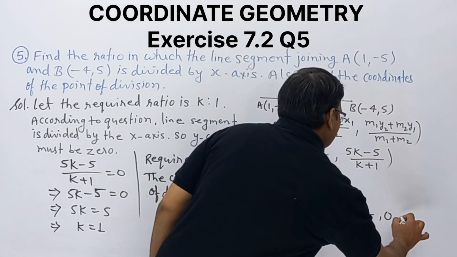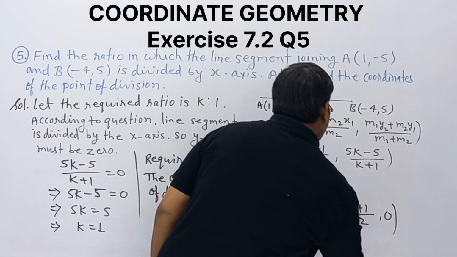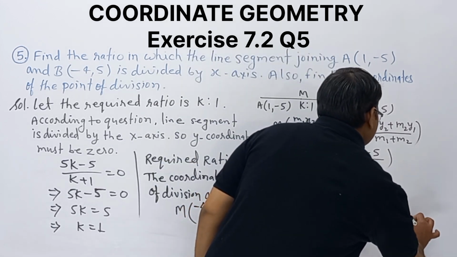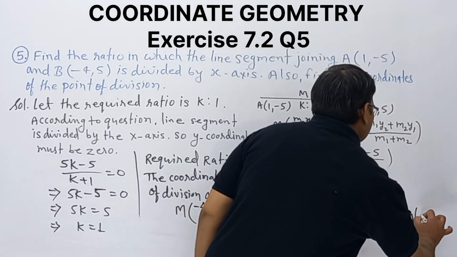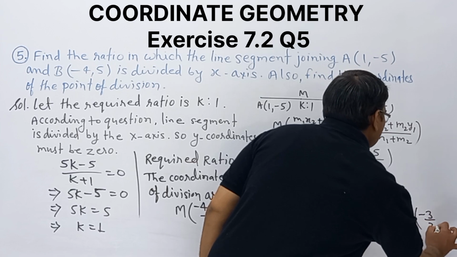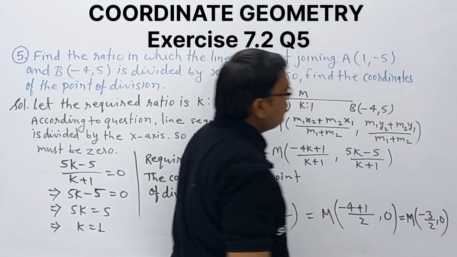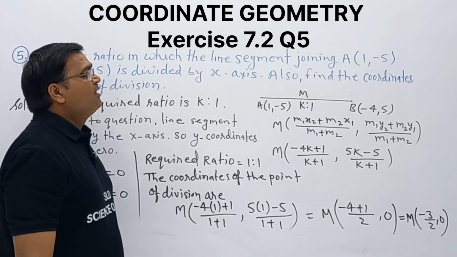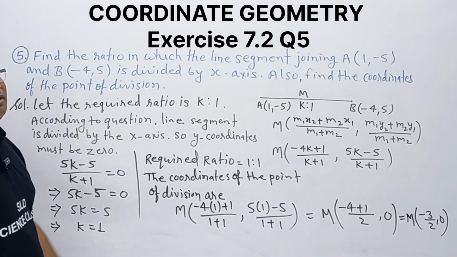So finally the coordinates of point M are minus 3 by 2 comma 0. This is the required answer, the coordinates of the point of division.